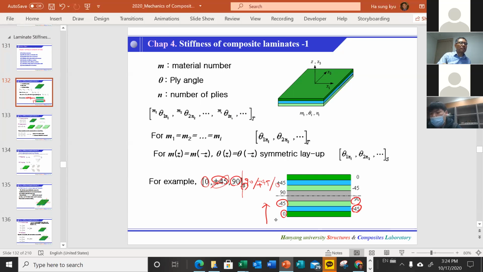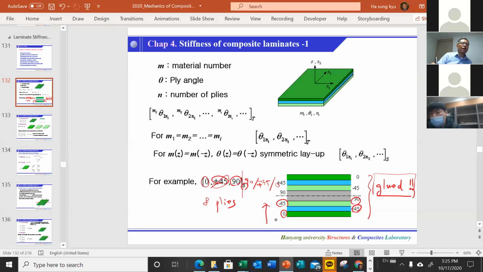So this means that plies are stacked. Here, very important, this is not just a stack. They are all glued. We need to keep that in mind. All plies are glued together. They don't behave independently.